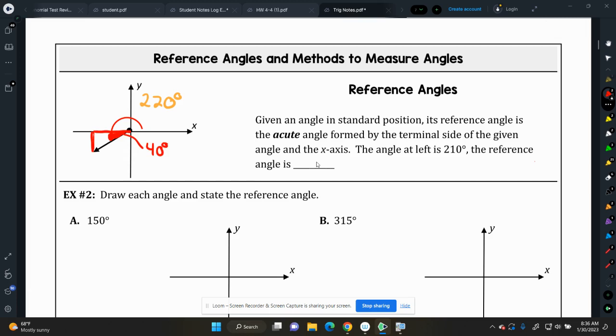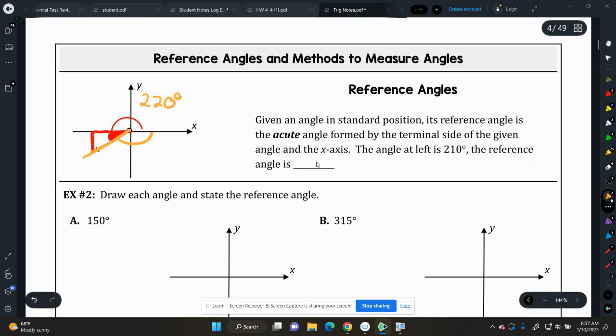The reference angle is the acute angle, because we want to make sure that we're not talking about this angle. Remember, acute means less than 90 degrees. It's cute, right? Little angle. It's the acute angle that the terminal side makes with the x-axis.